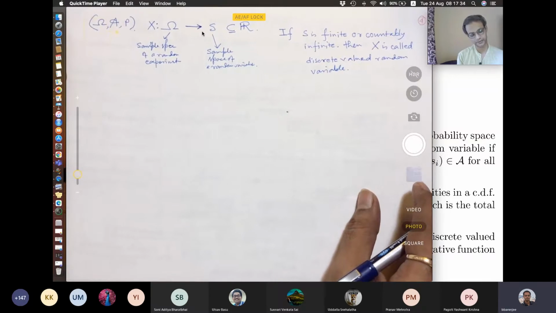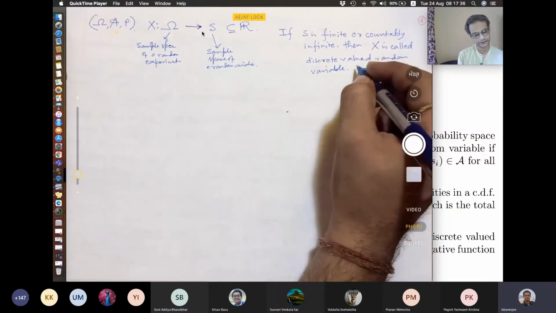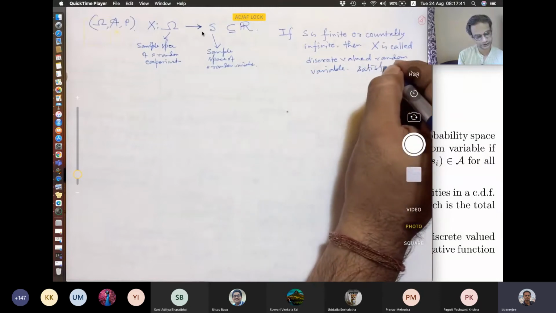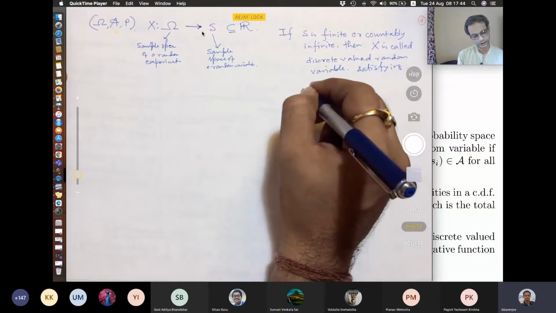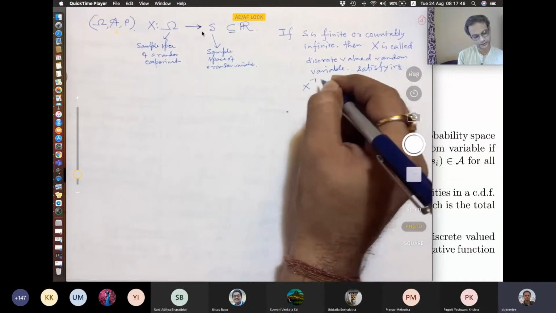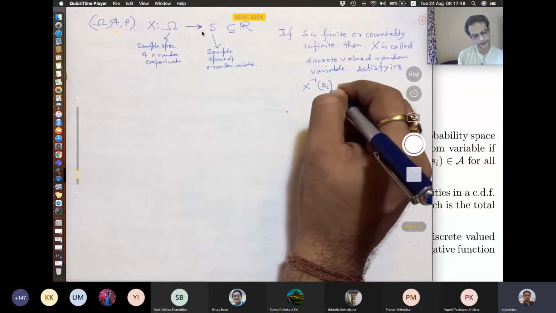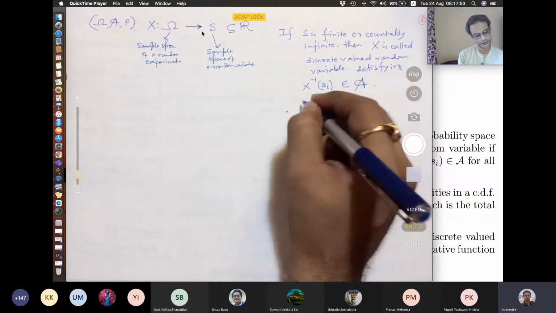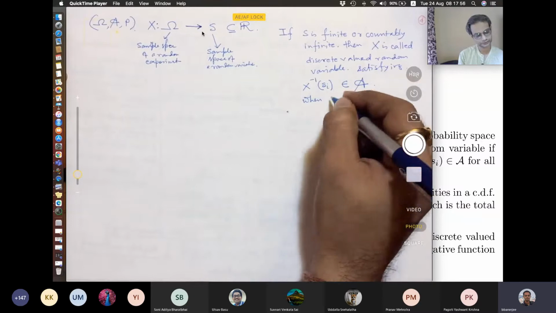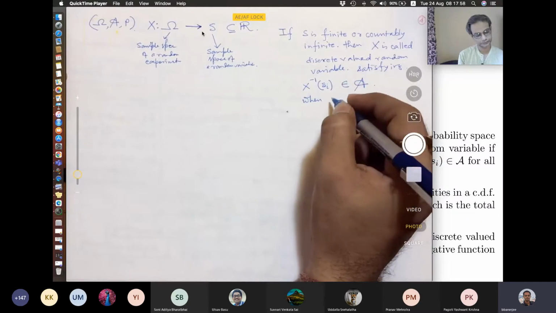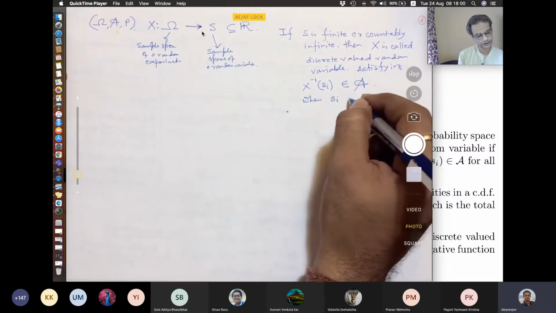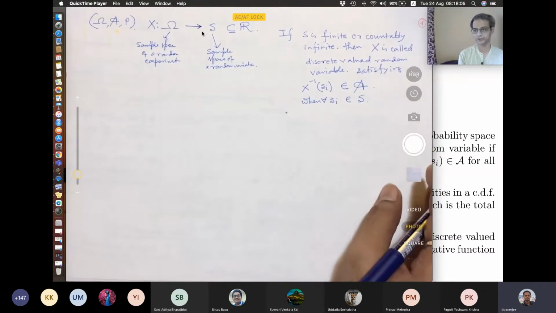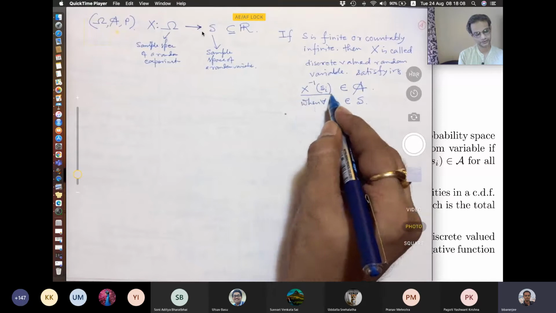And it must satisfy the criterion that X inverse of any number Si belongs to script A, for all Si belonging to S. So this is an event.